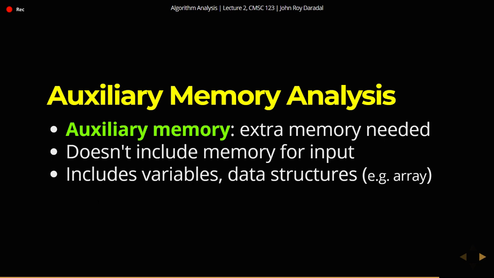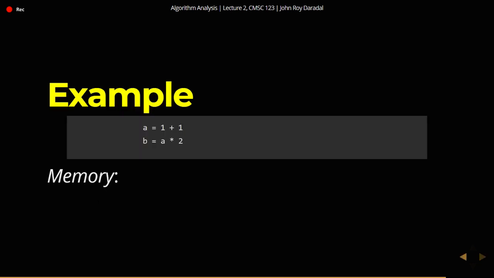So let's say, for example, for this one, the extra memory that we need is only O of 1. So it's constant because we only have, for example, for this one, two variables, right? And two variables is just constant.